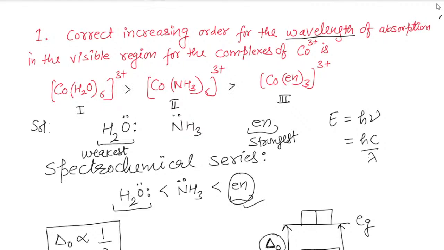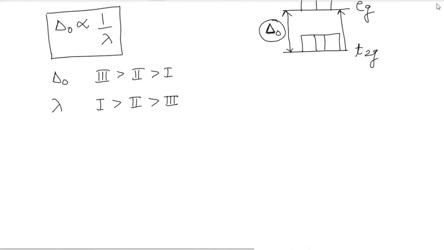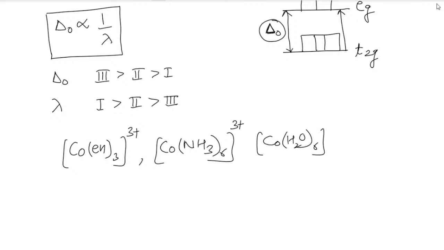If we do like this, the increasing order of wavelength is first of all [Co(en)3], then [Co(NH3)6], and then [Co(H2O)6]. This is the increasing order. Okay. So now question number 2.